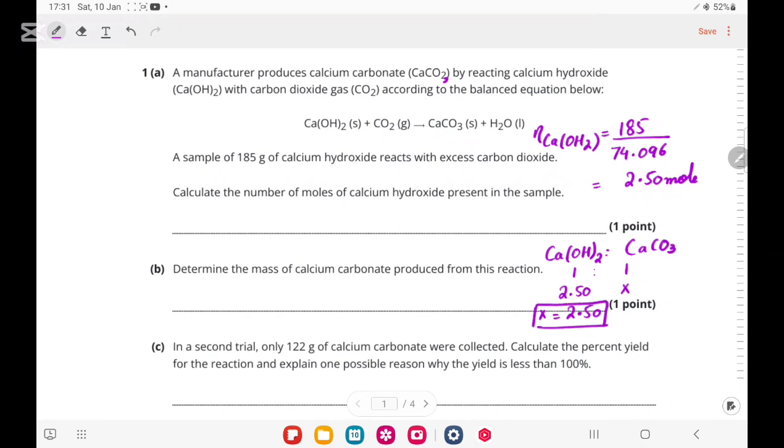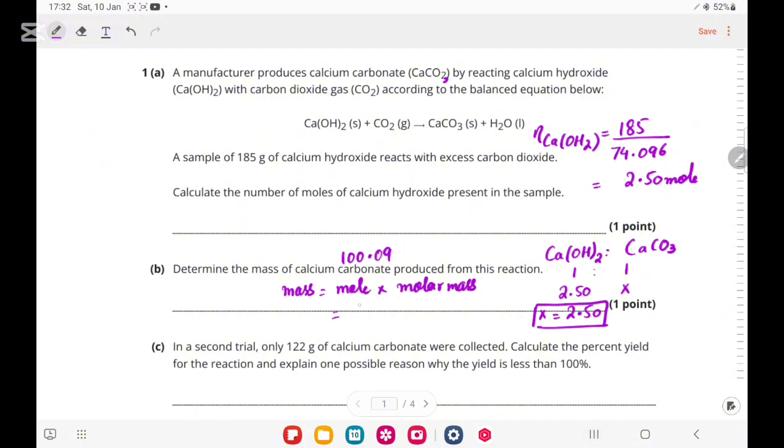And then we need to find the mass of calcium carbonate. Mass is going to be mole times molar mass, and the molar mass for calcium carbonate is 100.09.